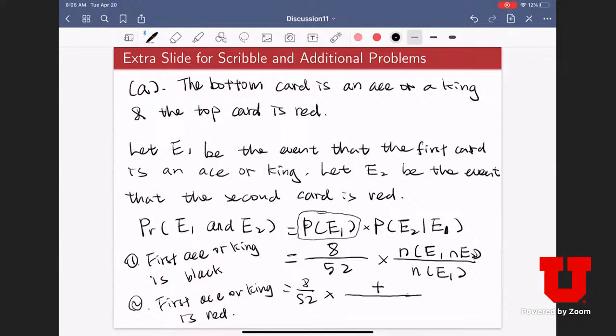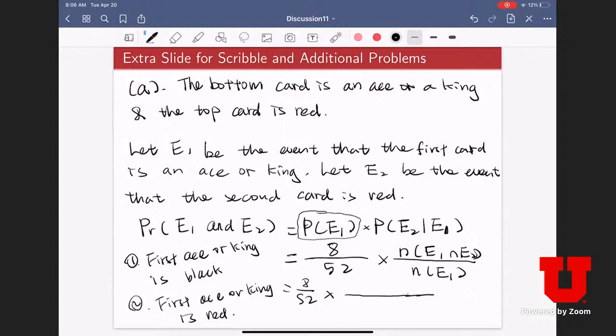All right, let's think about the case where the first ace or king is black. If the first ace or king is black, then how many possibilities are there to draw the first card? Still 52 choices, right?